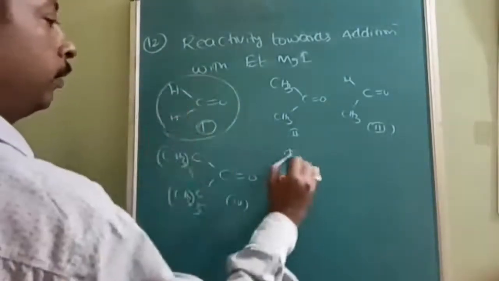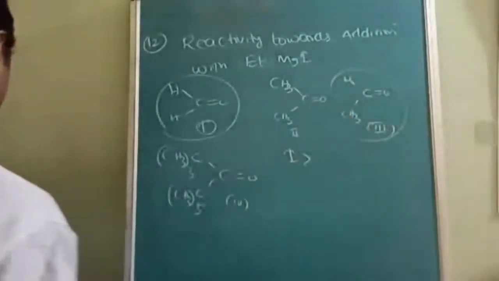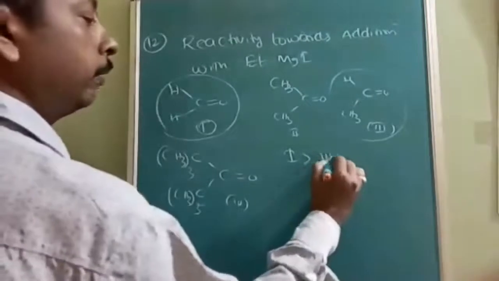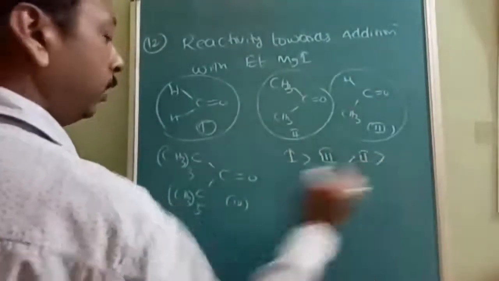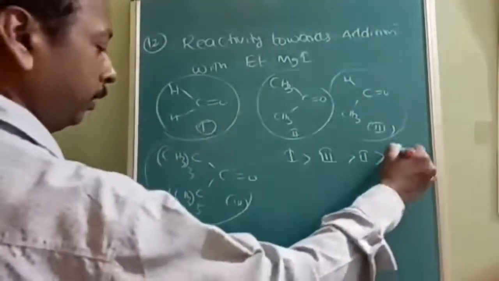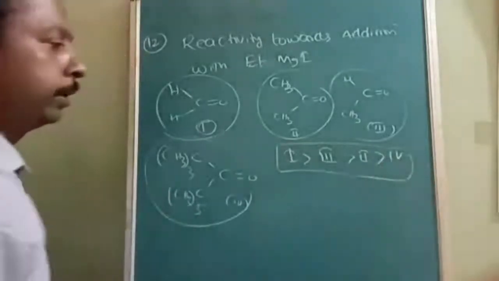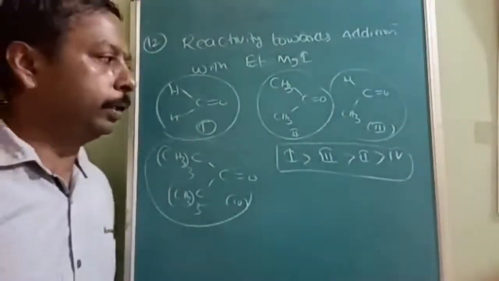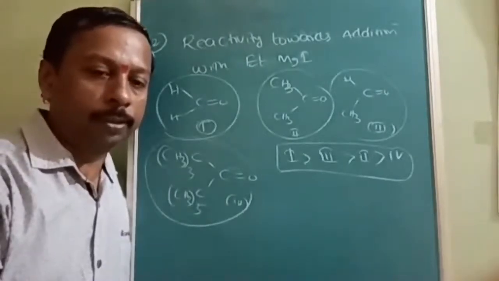So 1 greater than. Next, steric hindrance is less in the third, so it will be 3. Next the steric hindrance will be 2, and the highest steric hindrance is in tripropyl. So that's why the fourth option. So the answer will be 1 greater than 3 greater than 2 greater than 4. 1 3 2 4. Is it understood?